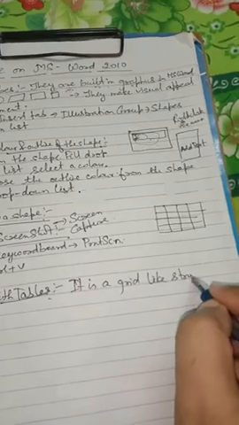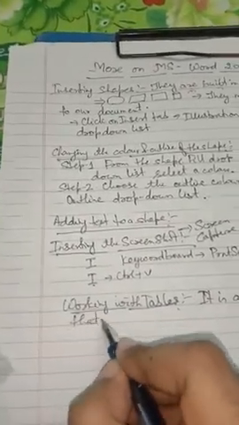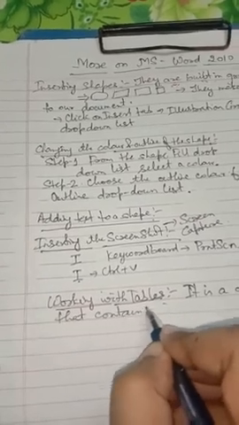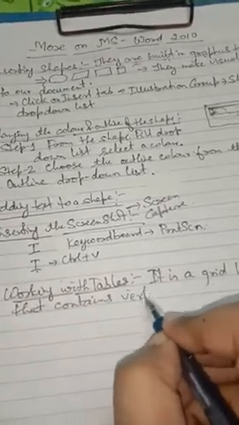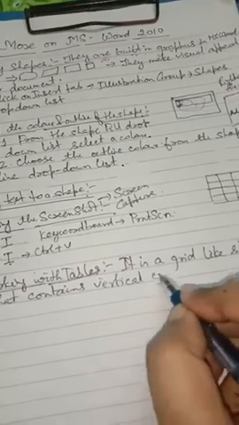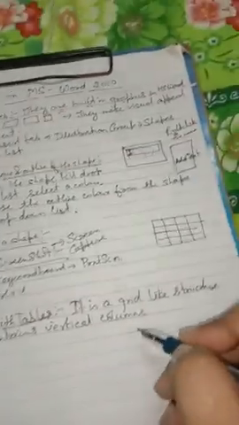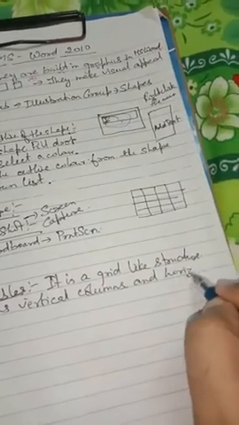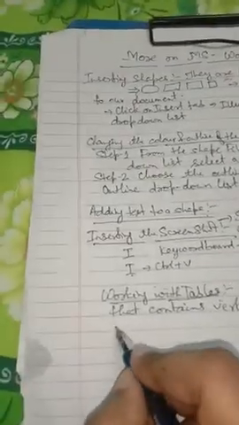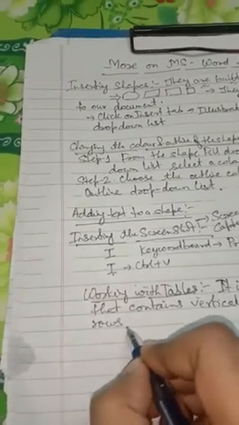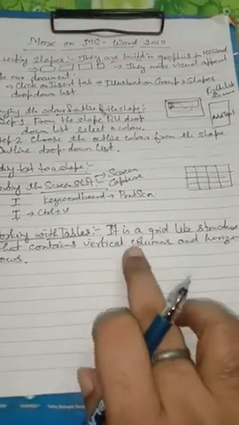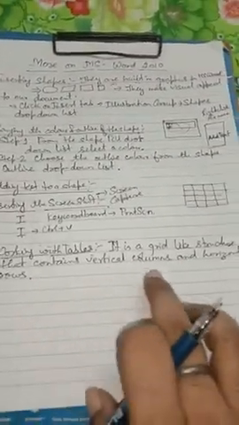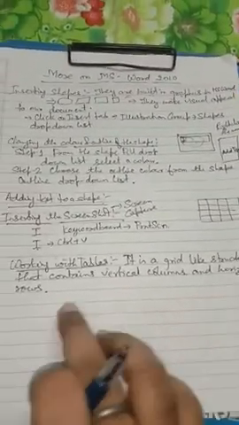It is a grid-like structure that contains vertical columns and horizontal rows.